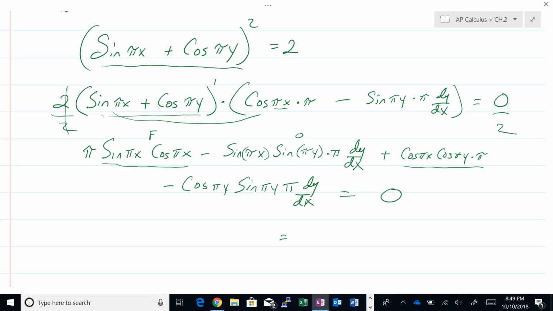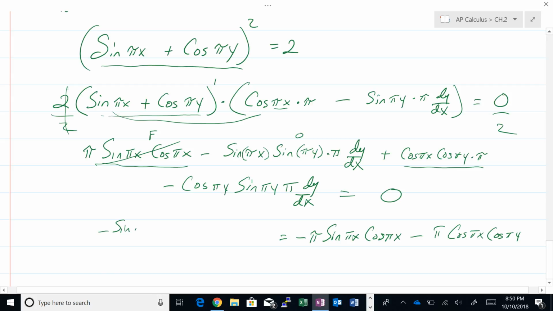Okay, so that becomes minus. So that one's moved over. This one would be moved over, so that's also minus pi cosine of pi x cosine of pi y. And on this side, I have negative sine pi x sine of pi y times pi.